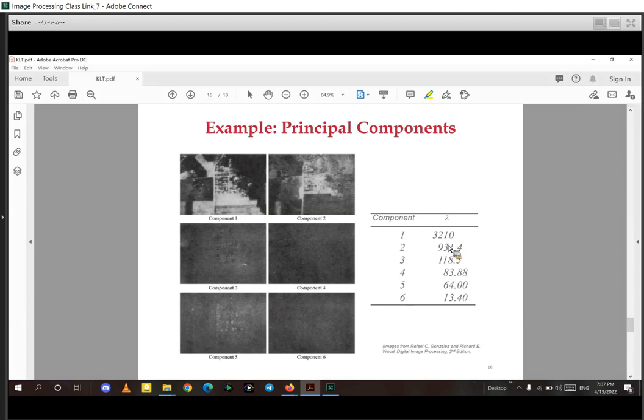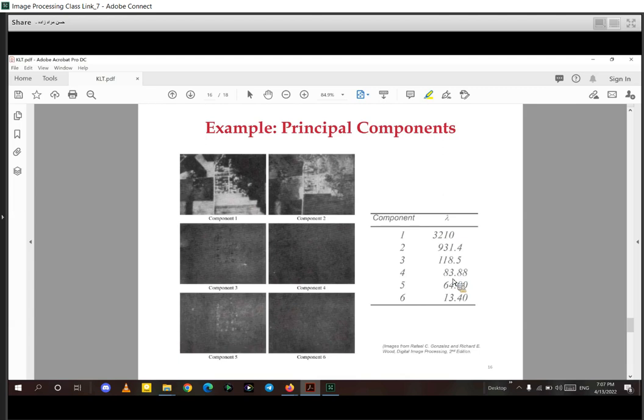Component 1 has the largest lambda, the largest eigenvalue, for example 3000. Component 2 has the next large lambda, for example about 1000.